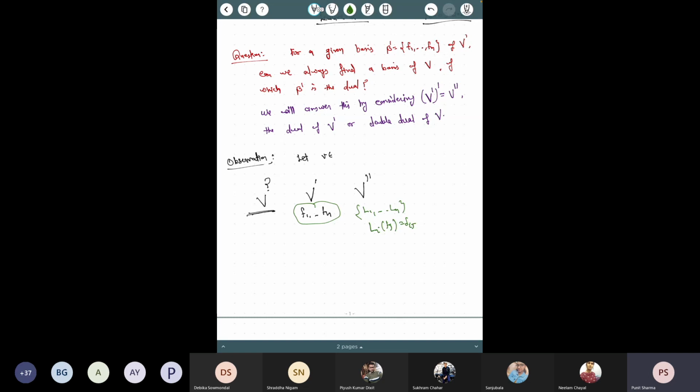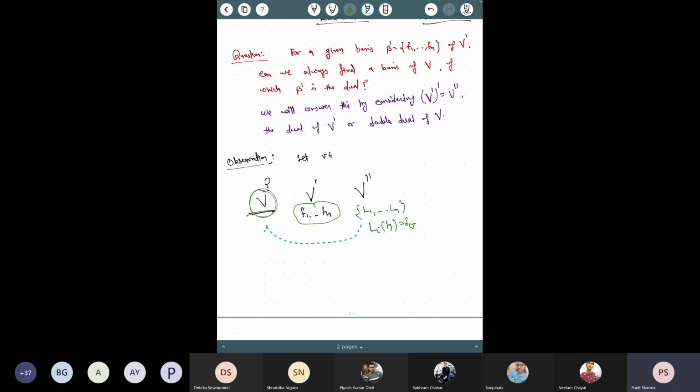Now we want vectors here, right? So I will somehow try to connect these functions Li on the dual space in such a way that I am able to generate a basis of this vector space V such that fi(vj) is equal to delta ij. This is what I want to do. Now how can I do that?